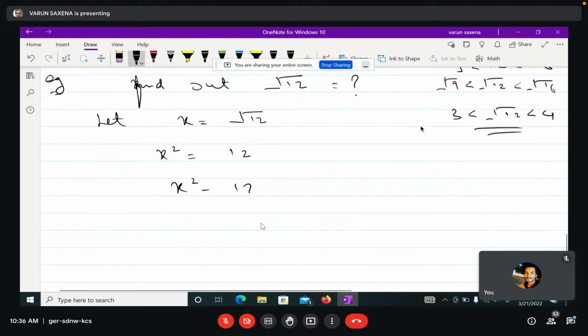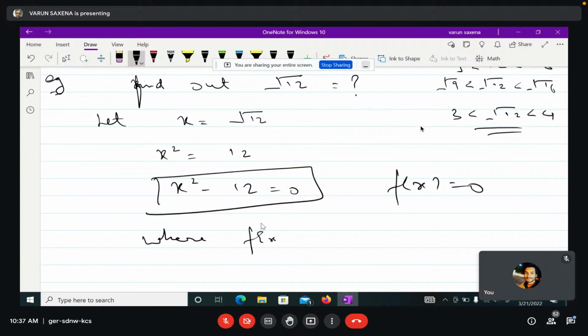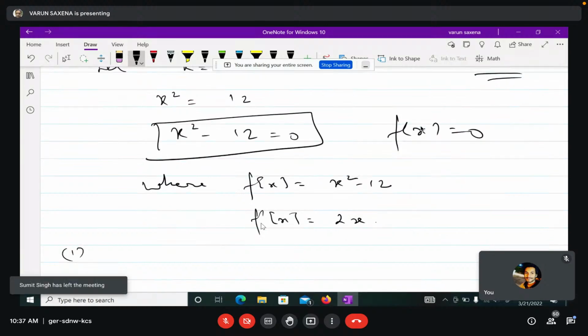Now this is your expression, which is f(x) equals 0, where your f(x) is x squared minus 12. So your f dash x is simply 2x, right? So you can start with this initial assumption as 3 only, and then you can proceed further.